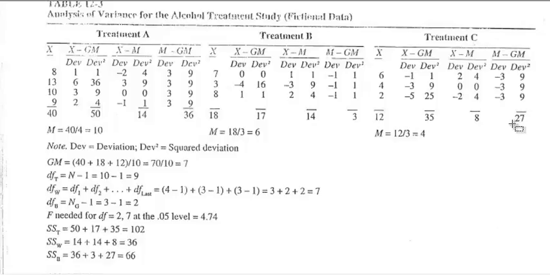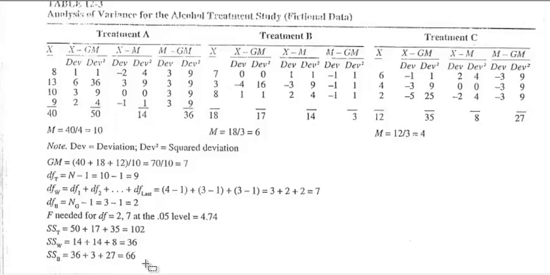These are going to be the sums of the squared deviations between the group mean and the grand mean. So we're going to add up the 36 plus the 3 plus the 27, and it's going to give us a total sums of squares between group means and the grand mean of 66.